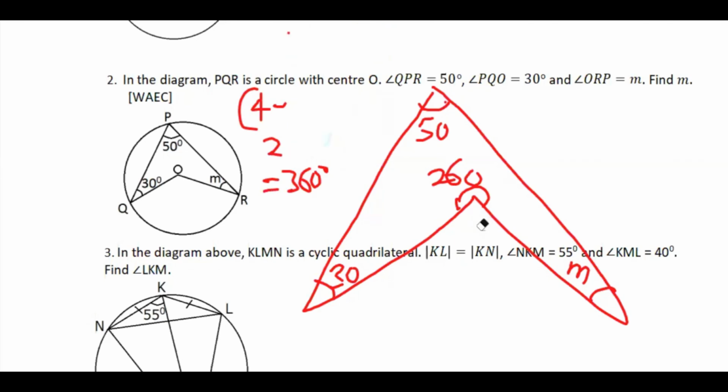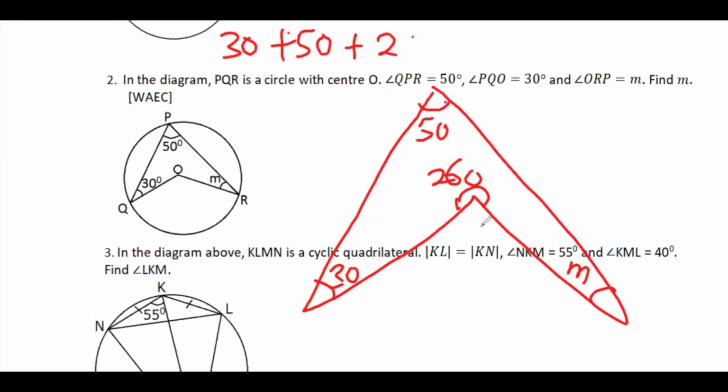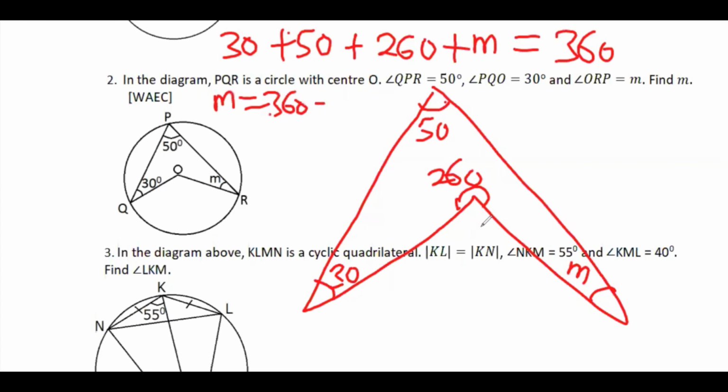So what we simply do is to say 30 plus 50 plus 260 plus M equals 360 degrees. Therefore, M equals 360 minus the addition of 50, 30, and 260. 260 plus 30 plus 50 gives 340.